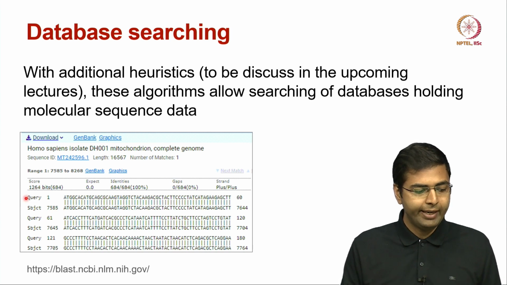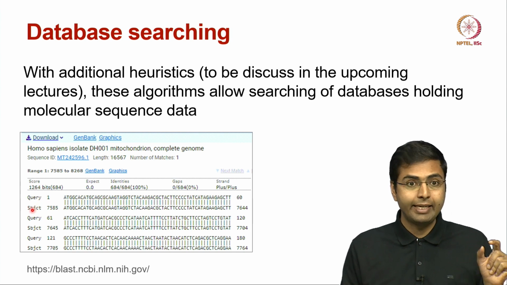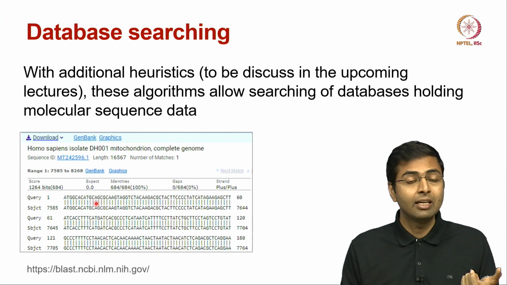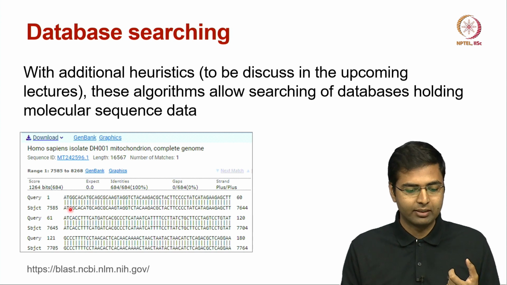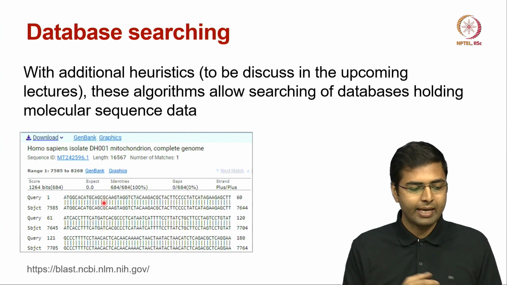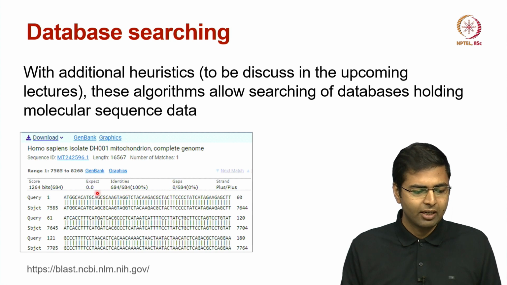Given my query sequence and the sequence in the database, it will show me how the query sequence is matching against the database sequence. In this case, you can see that it has a 100% match based on the query sequence I had given, and it is showing me the complete alignment end to end.